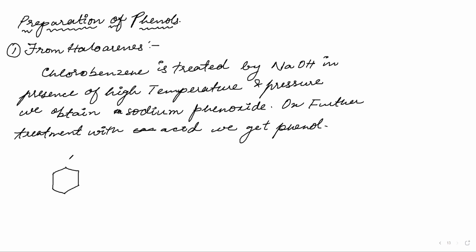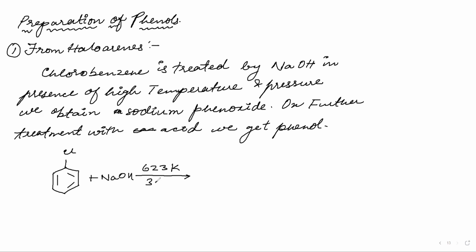This is chlorobenzene. Now this has reacted with sodium hydroxide, high temperature and pressure. So the way to remember the temperature and pressure is, see, in this you have how many carbons? You have 6 carbons. When you divide this by 2, 6 carbon atoms divided by 2, you will get 3 as the number of pi bonds, okay?